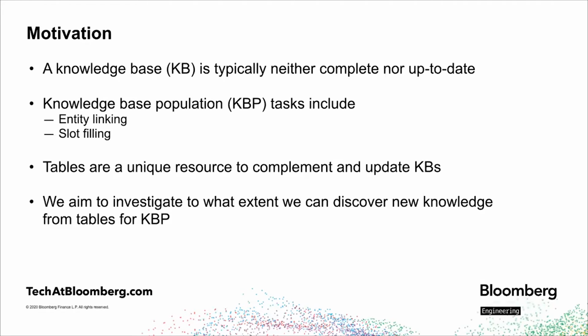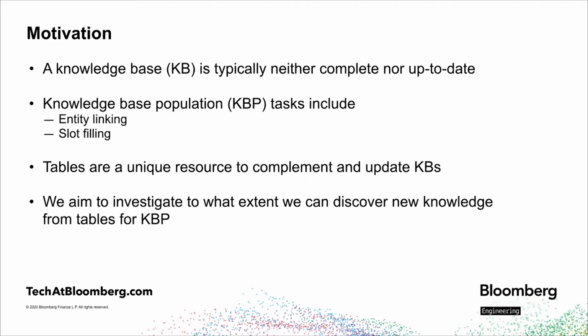The knowledge base population task aims to complete the knowledge base. It includes two primary tasks, such as entity linking and slot filling. You might be familiar with much existing research trying to extract new triples from unstructured text, in order to find new triples they can put into the knowledge base.